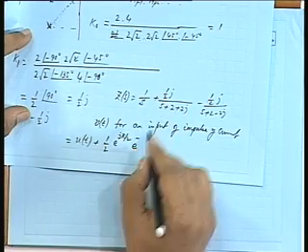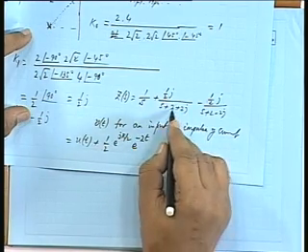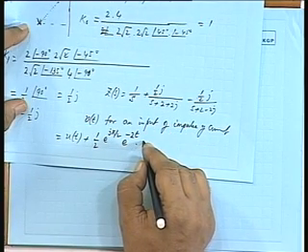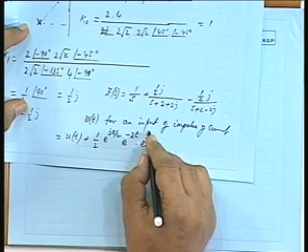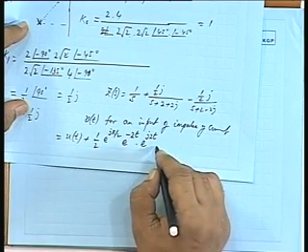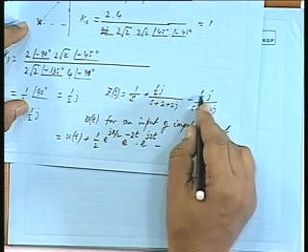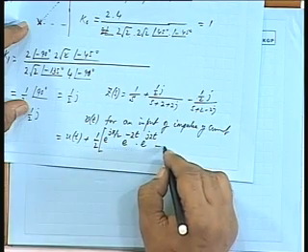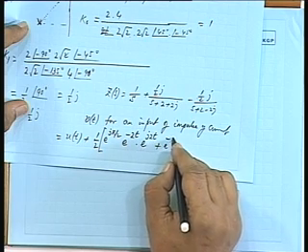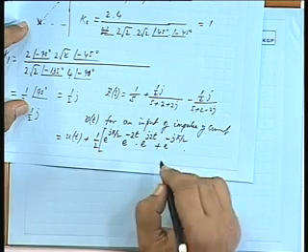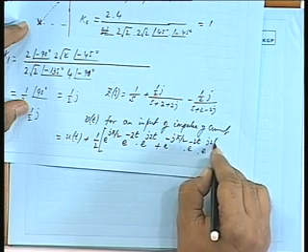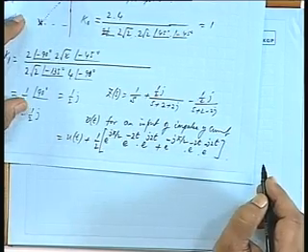E to the power minus 2t alpha plus j beta, then e to the power j 2t, okay, minus half is common, e to the power, okay, I will write plus e to the power minus j pi by 2, e to the power minus 2t, e to the power minus j 2t.